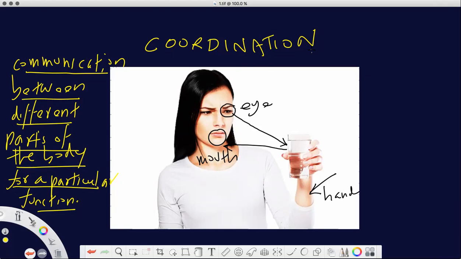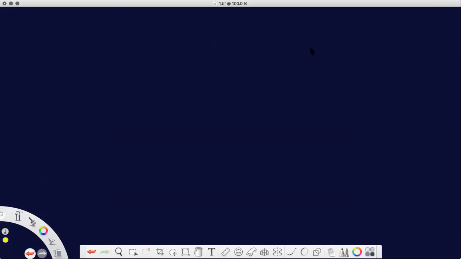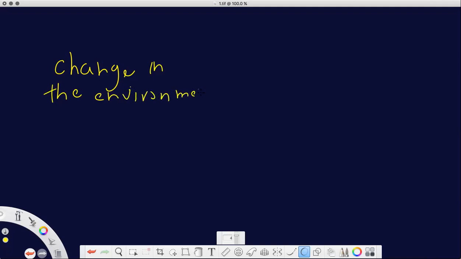Okay, next we're going to look at what are the major parts of this communication system. So first thing is we can take a change in the environment.